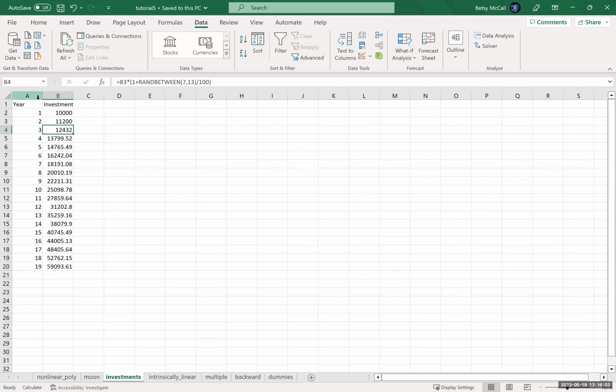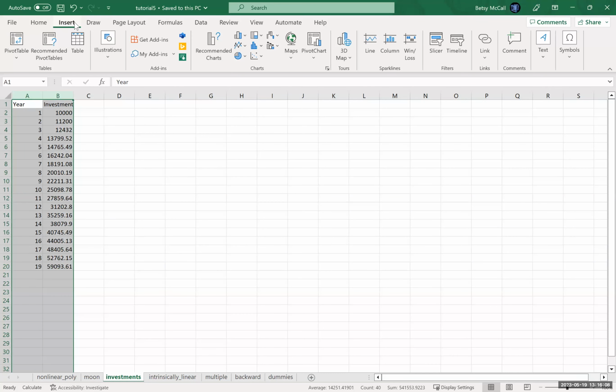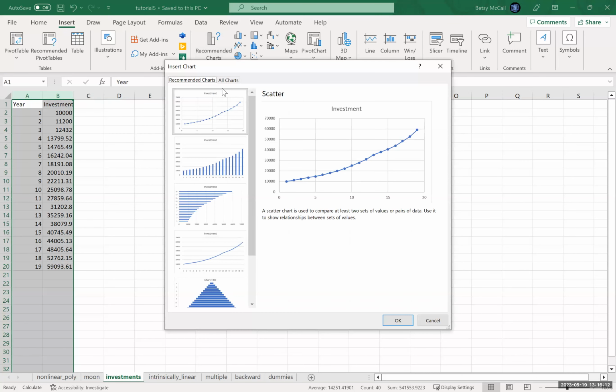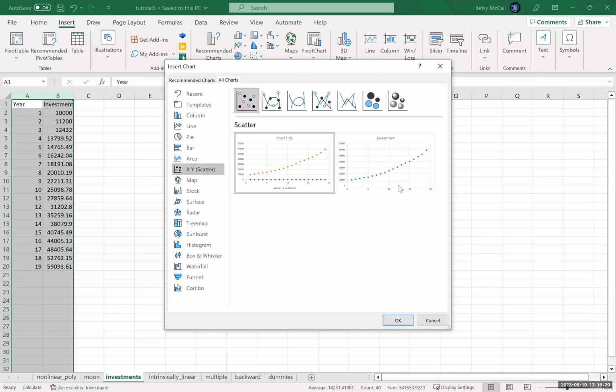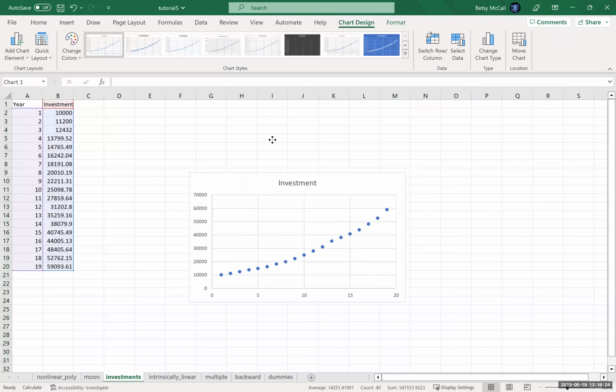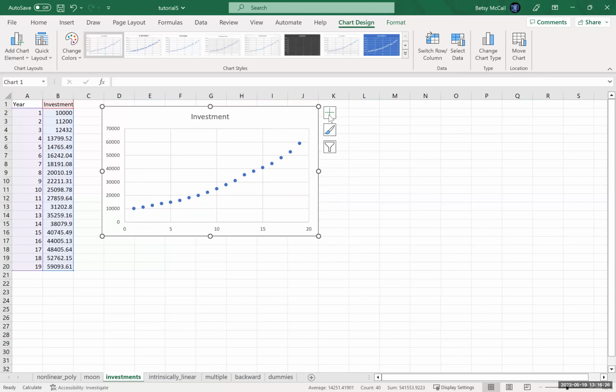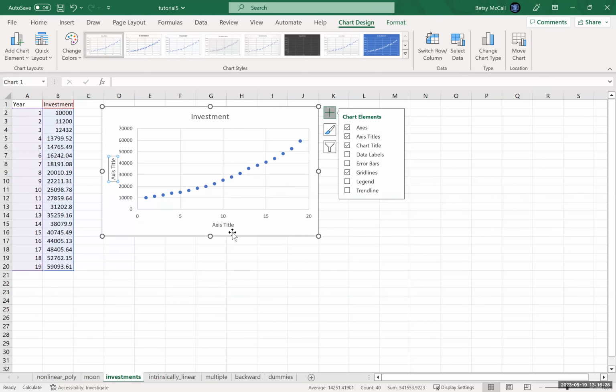So what we're going to do is create and plot this data into our scatter plot, and we can see that it is curved. And again, because these are all sequential, the graph is trying to create a line graph from the data, and we don't really want a line graph. And then I'm going to add our axis titles.